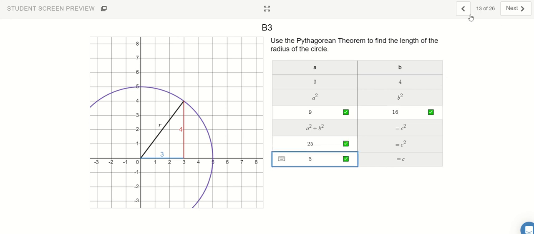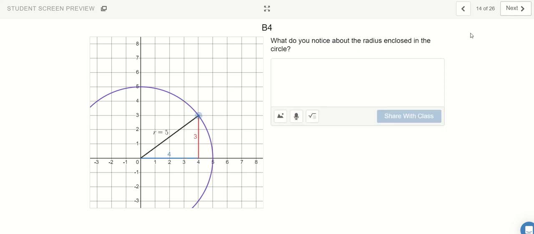So notice that when I pick 2 different spots on the circle, right? If I do a squared plus b squared, I should always get the same answer. I should always get the same radius, because we know that the radius around the circle is always going to be the same. So the idea of using a squared and b squared to figure out r, that's going to be our equation for the circle.